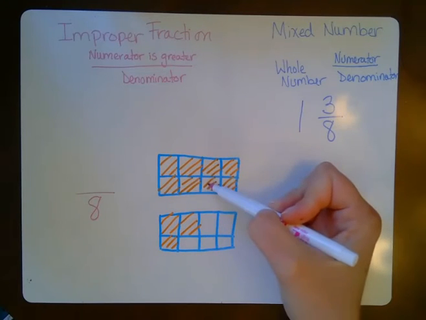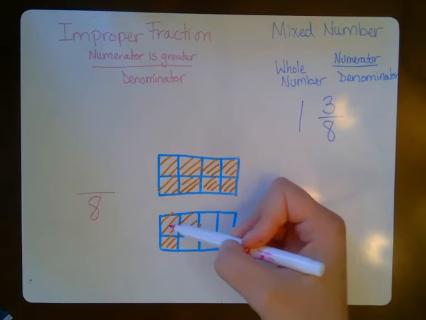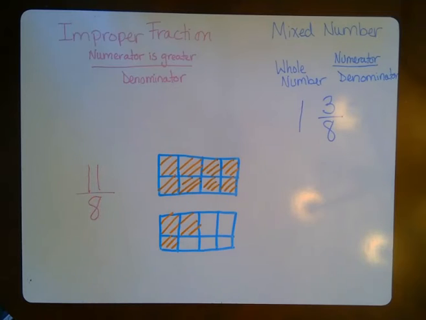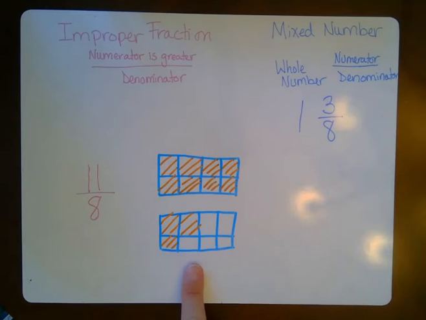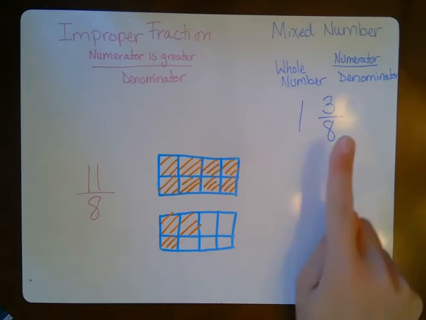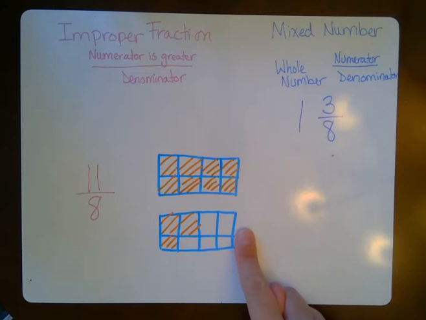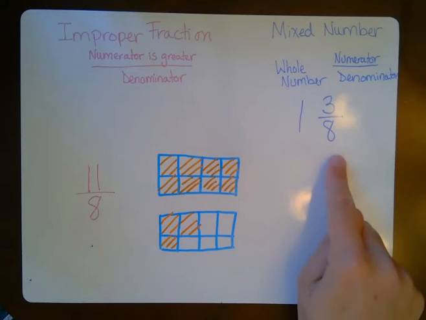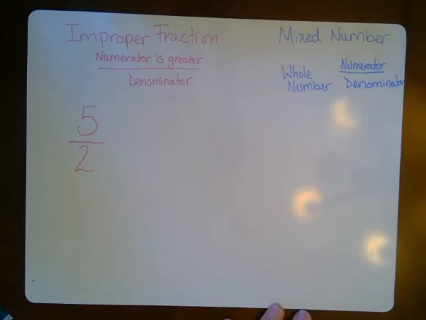I have 8/8 shaded in here, plus the 3/8 here, 9, 10, 11, gives me 11/8. So again, I have 11 shaded parts out of 8. And up here, I have one whole model shaded in with 3/8 remaining. And again, my denominator doesn't change because each model is split into 8s.